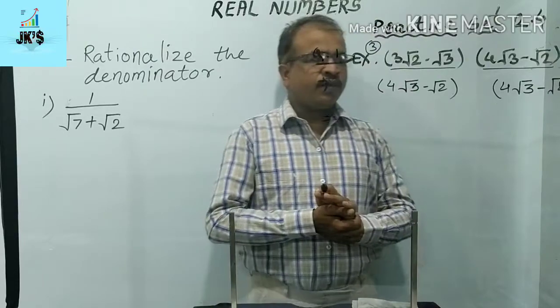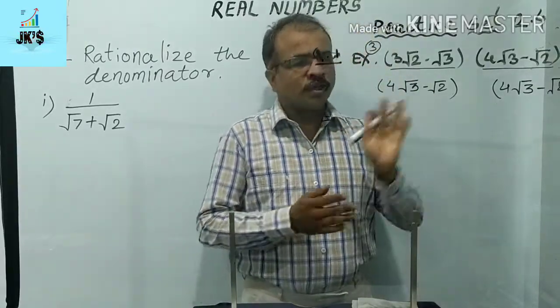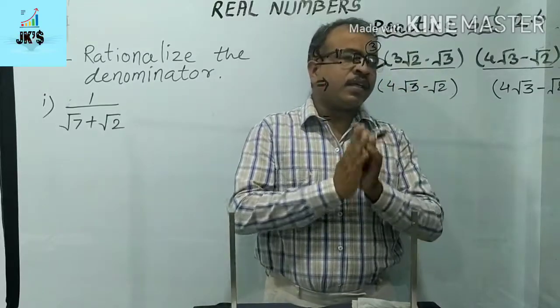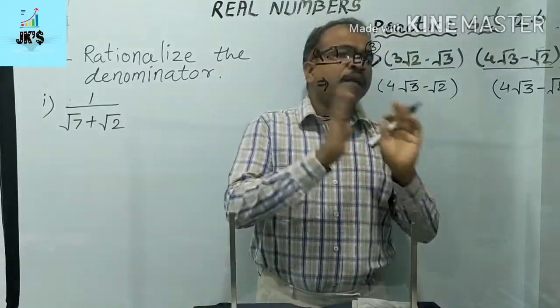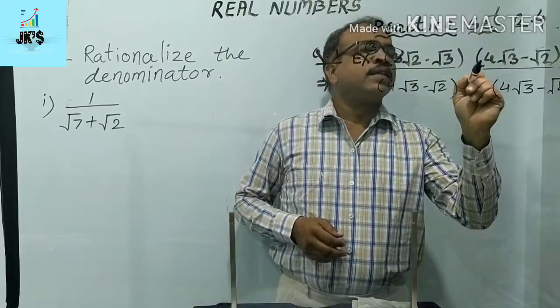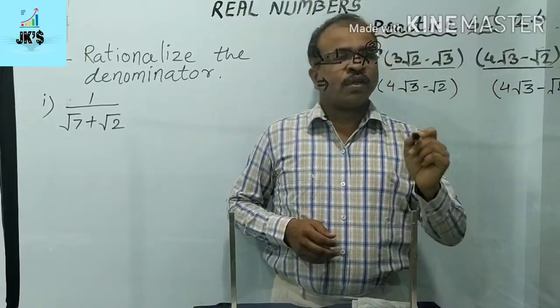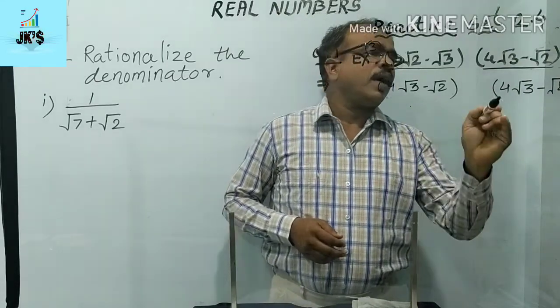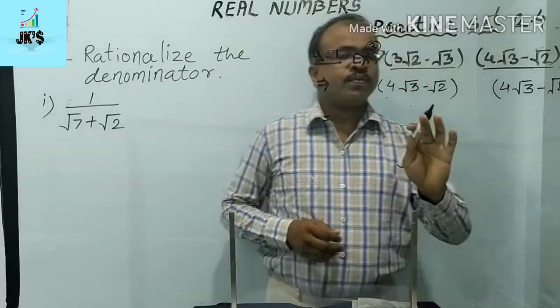Two brackets are given and each bracket has two terms. So for this, we have to take any bracket twice and then multiply by the remaining bracket. So here we take the second bracket twice, (4√3 − √2) and (4√3 − √2).